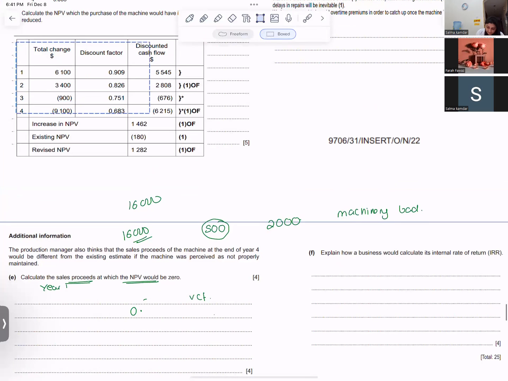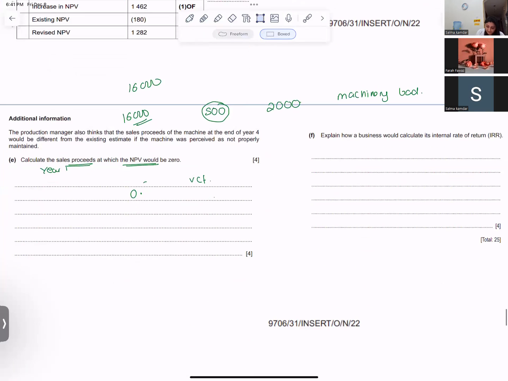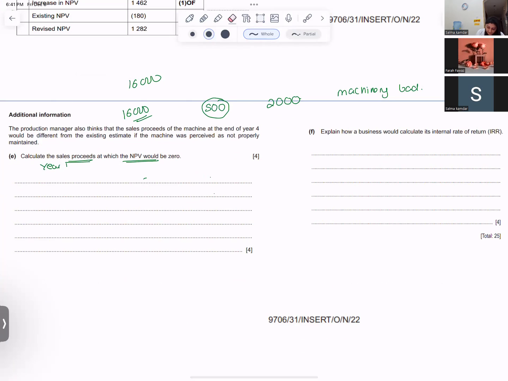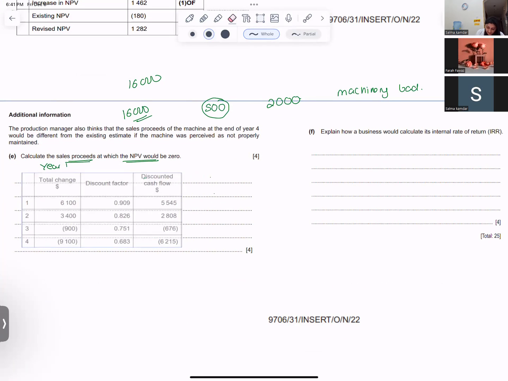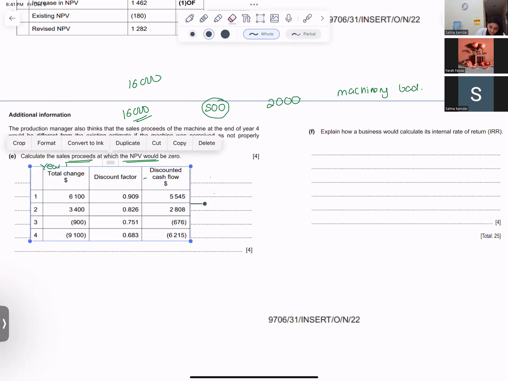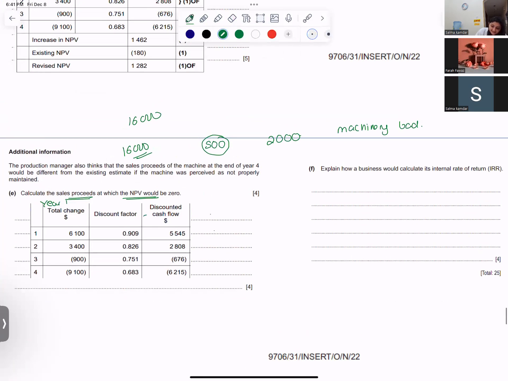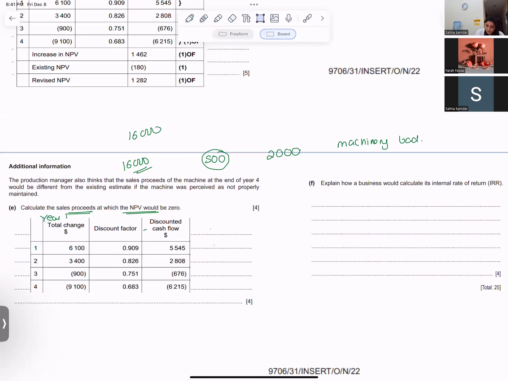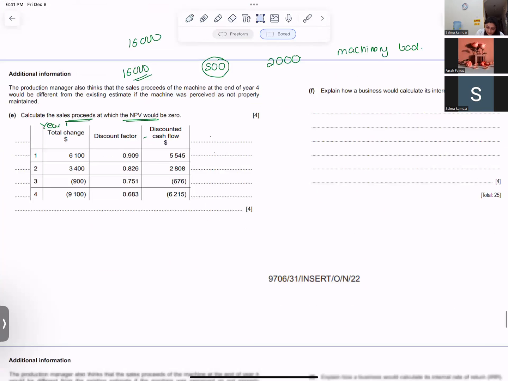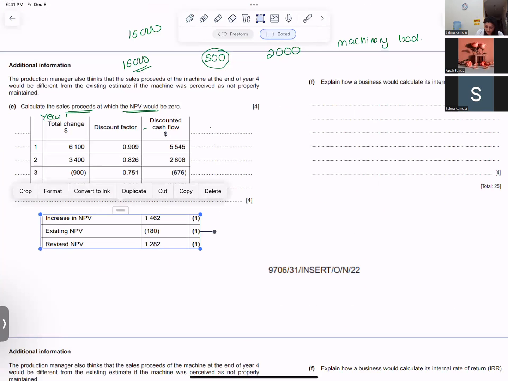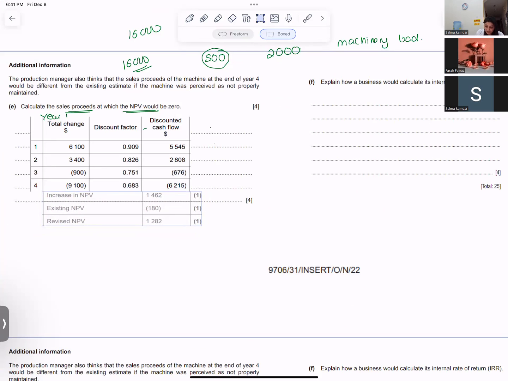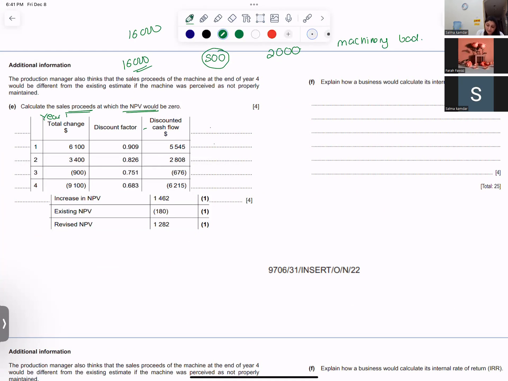Miss, can you repeat that point again? Okay. I'll put this entire table here. You understand properly. The finance director is telling me that because you're not going to service your machinery properly, you are not going to get sales proceeds of 16,000.